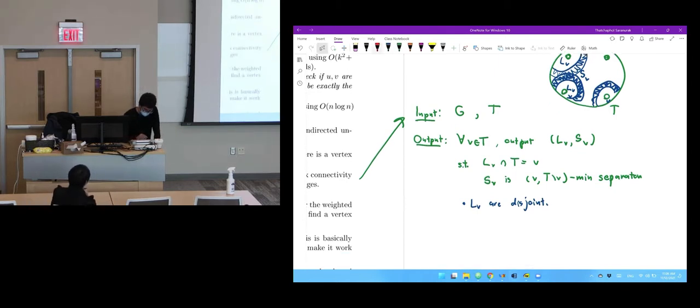And then you can try to show that this problem can be solved using log n max flows as well.